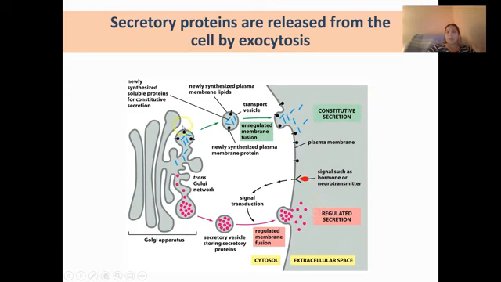Other times you have proteins that are soluble proteins, but they are not meant for the cytosol, but rather for secretion into the outside extracellular space, where they will then perform their own function, either right at that cell or some other cell far away.